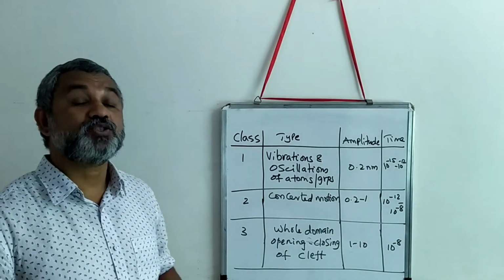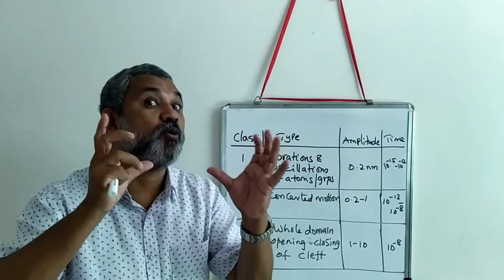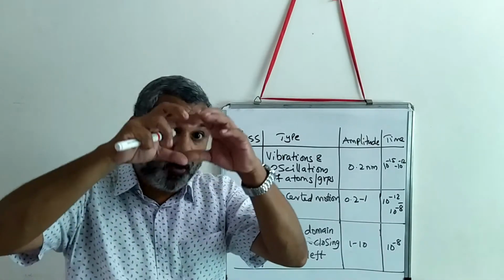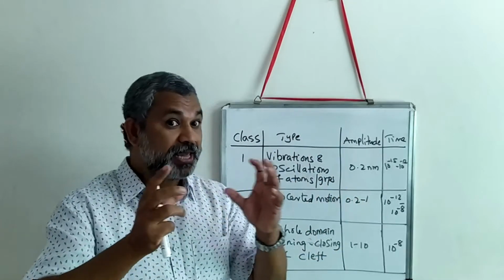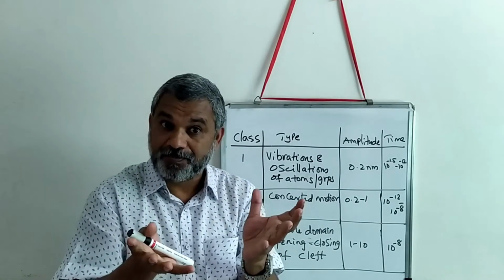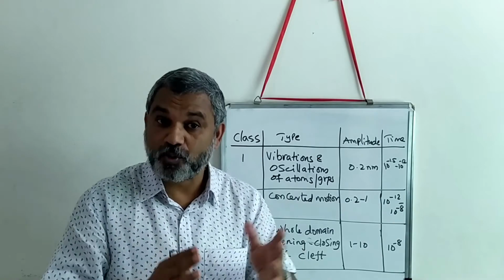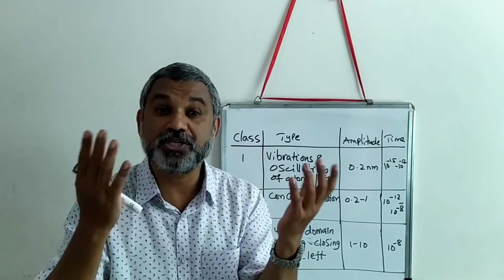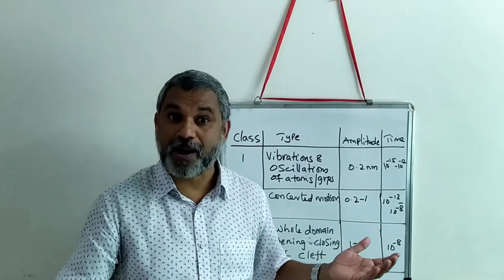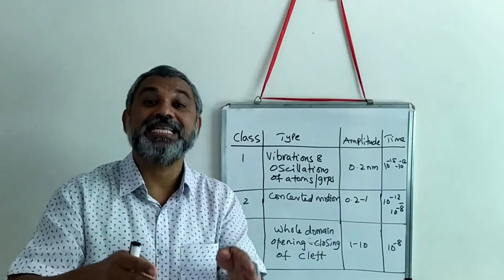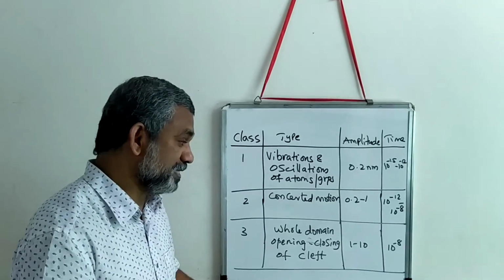The third class of motion is the whole domain moving. It can be the whole domain moving, opening and closing of the cleft. So you can correlate with the enzyme activity of a protein, or opening and closing of a channel so that molecules can pass through. This is the third kind of motion which is seen in the oligomeric proteins.